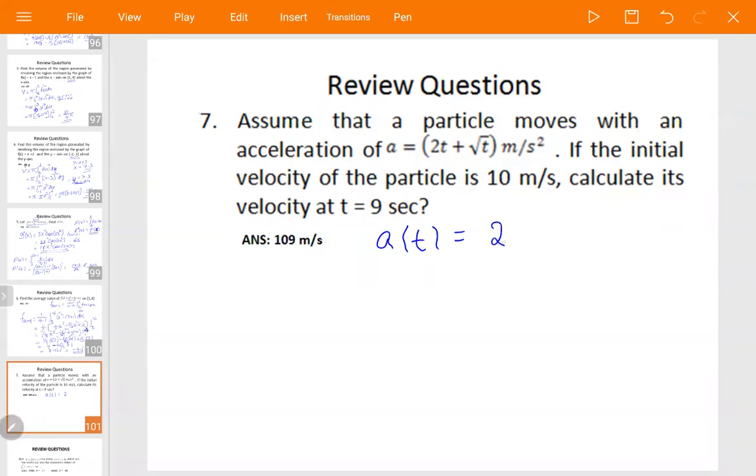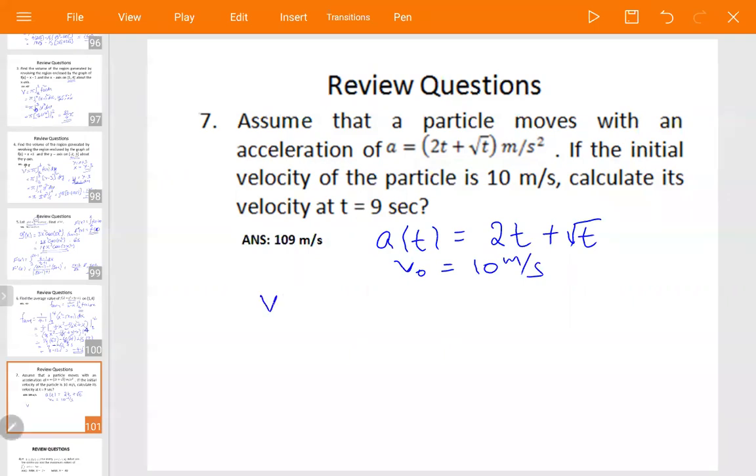The acceleration is 2t plus the square root of t, and we have given the initial velocity of 10 meters per second. Now the question is to find its velocity at t equals 9 seconds. That means calculate the instantaneous velocity of this particle at time t equals 9 seconds.